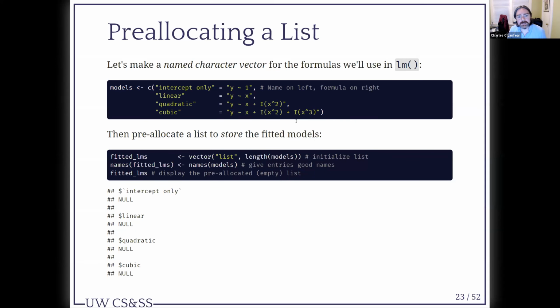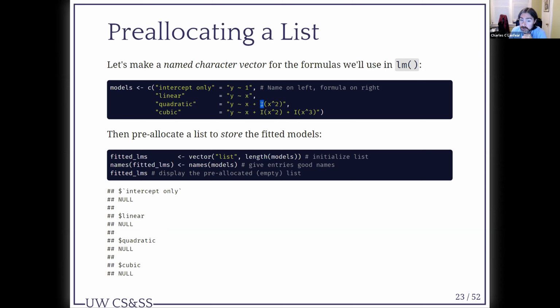Okay. So the next thing I need to do is pre-allocate a list to store these models here. So what does I mean here? Is it the coefficient beta? No, this is actually a really weird R thing. I basically says perform a mathematical operation in here. Don't do what caret usually means in a formula.